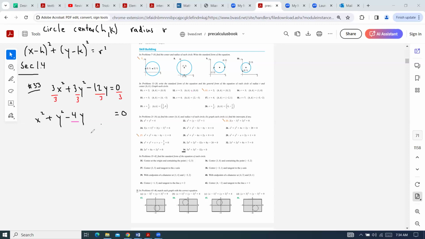To do this, we used to divide by 2. So we divide 4 by 2, and I get the number 2. That I square, and then I also add this 2 squared, which is 4, and also subtract the same number 4.